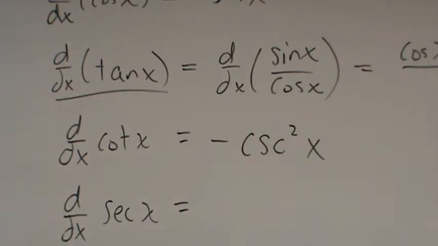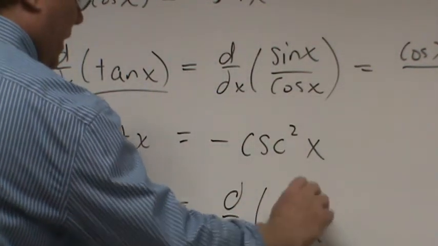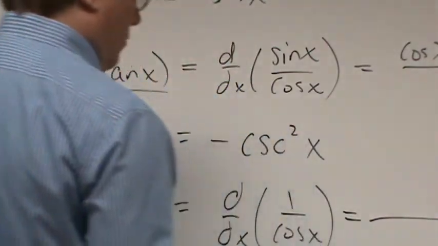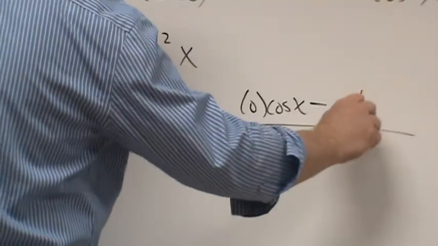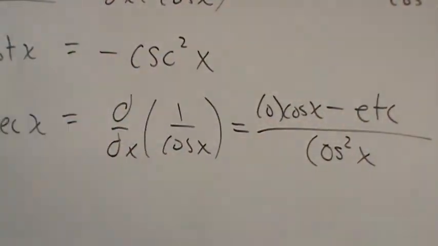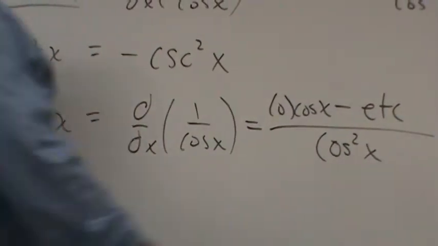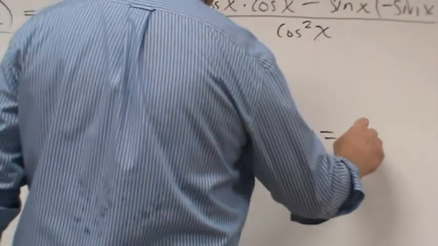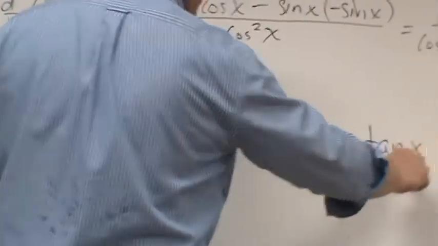But if one of your homework problems asks you to derive the derivative of the secant of x, you would do the derivative of 1 over the cosine of x, and then apply quotient rule. The derivative of the top times the bottom minus, etc., over cosine squared of x. But I'm not going to go through the hassle. You'll get a chance to do it yourself. I just want to tell you that the final answer is that the derivative of the secant of x is the secant of x times the tangent of x.